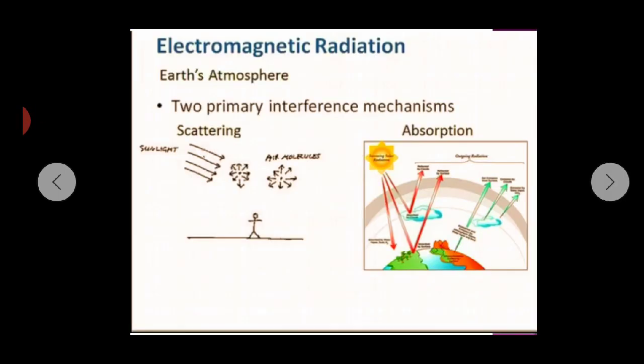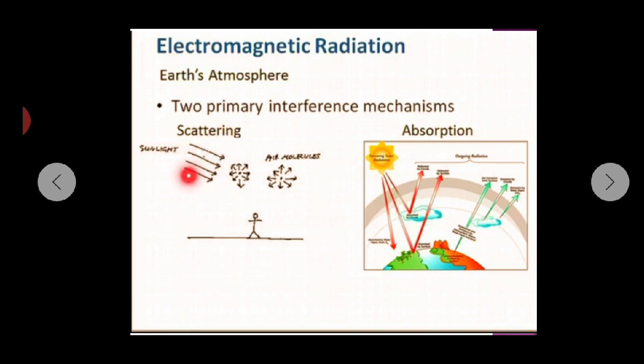Now you'll need to understand what is scattering and what is absorption. Primarily, two interaction mechanisms take place in the Earth's atmosphere. One is scattering, the other one is absorption. The sunlight sends the electromagnetic radiation.